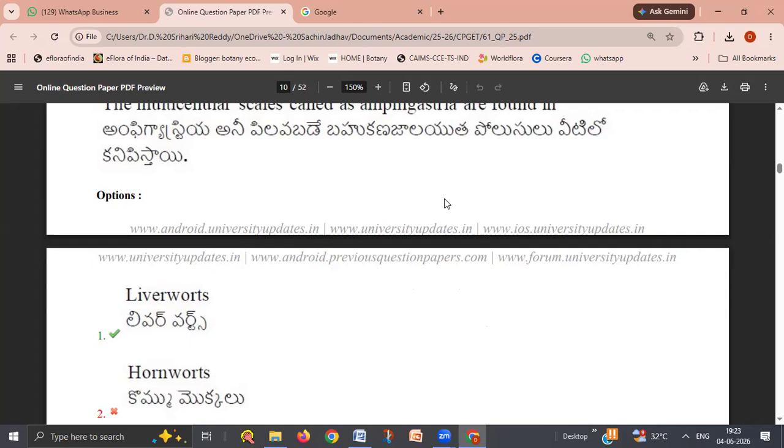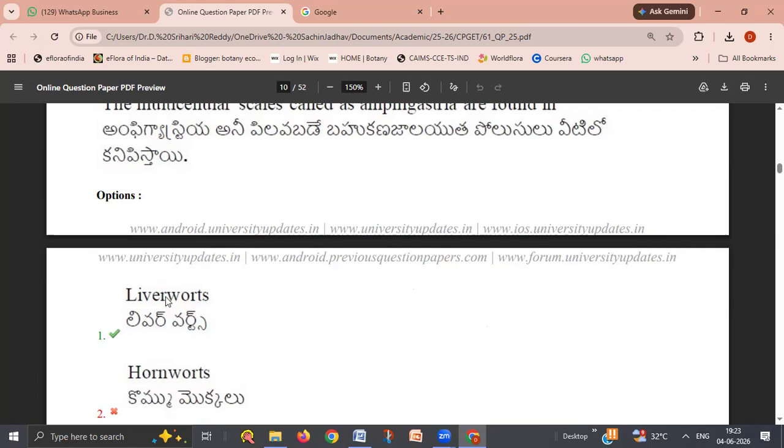So here in Riccia and Marchantia, we see a liver-like thallus. We find lobes which are similar to a liver. So it is also called as hepatic apsida, since it appears in the liver shape. Liverworts are hepatic apsida.